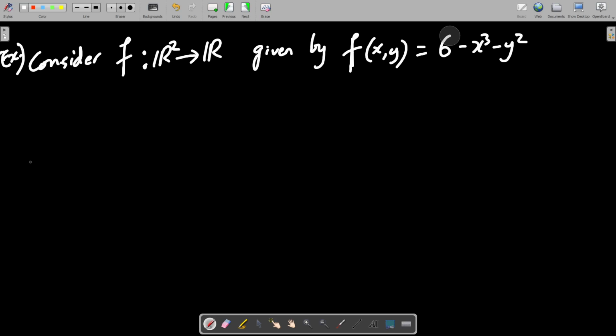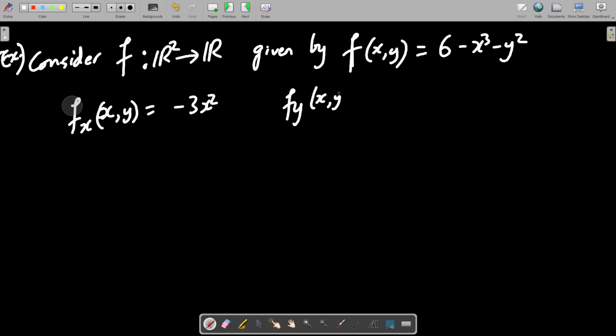Having considered this, let us calculate the gradient first. We require the partial derivatives. So fx at (x, y) is going to become -3x^2, and fy of (x, y) is equal to -2y.